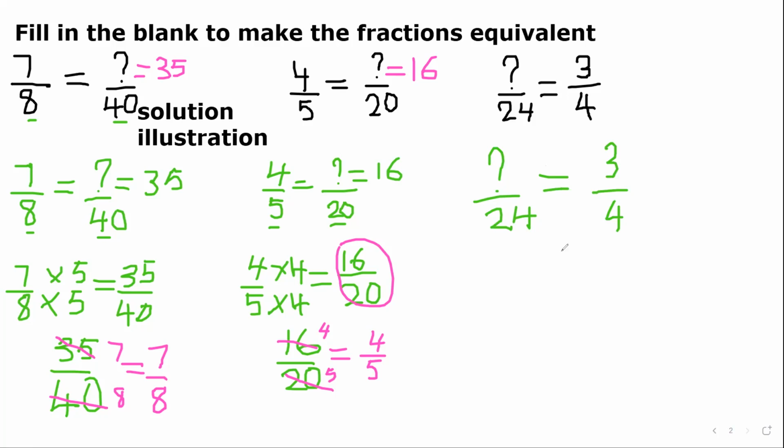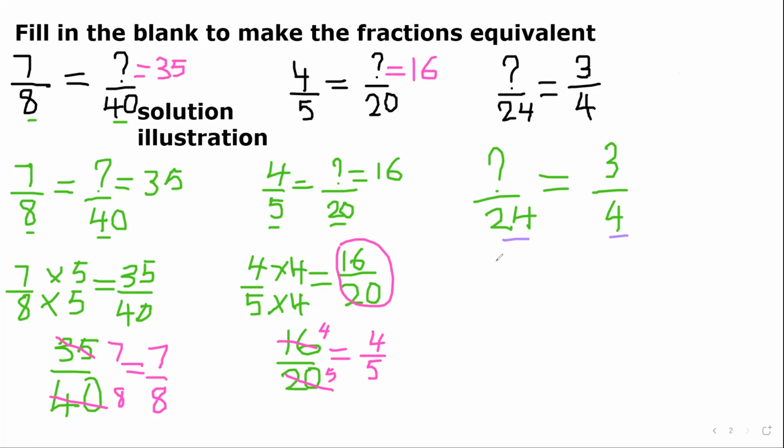So here, it's good that we're able to identify the denominator here, 24, and another denominator here, 4. And equivalent, they are the same. So what number, when you multiply by the 4 here, gives you 24? Okay, good. Then let's work this one out.